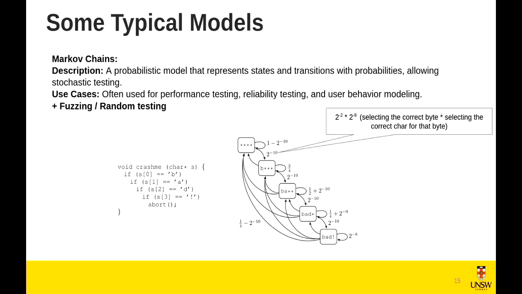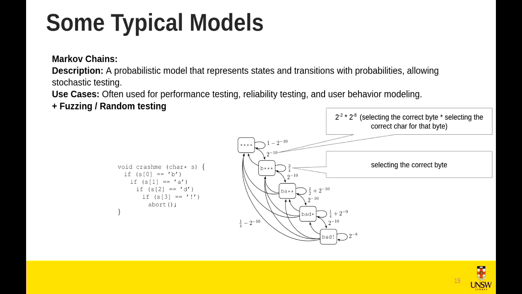In the end, we have 2 to the power of minus 2 times 2 to the power of minus 8, and that is 2 to the power of minus 10 here. So that's why we can use Markov chains to capture program behaviors, especially during random testing.